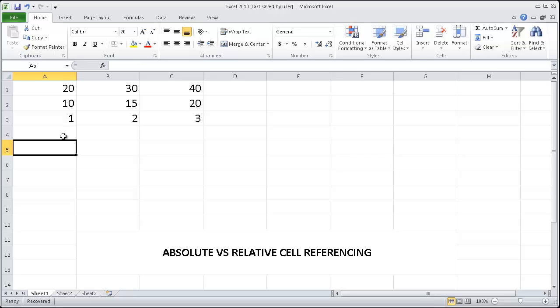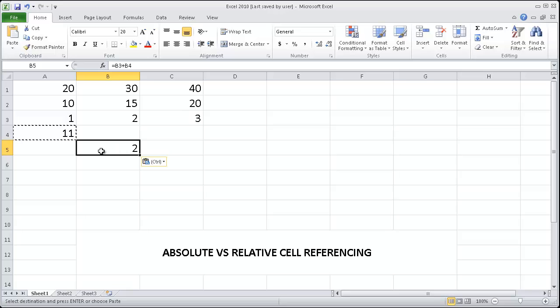If I say equals A2 plus A3, notice how it's 11, because A2 plus A3 is 11, and I copy this. This is, by the way, relative referencing. And if I were to paste it here, what would be the answer?